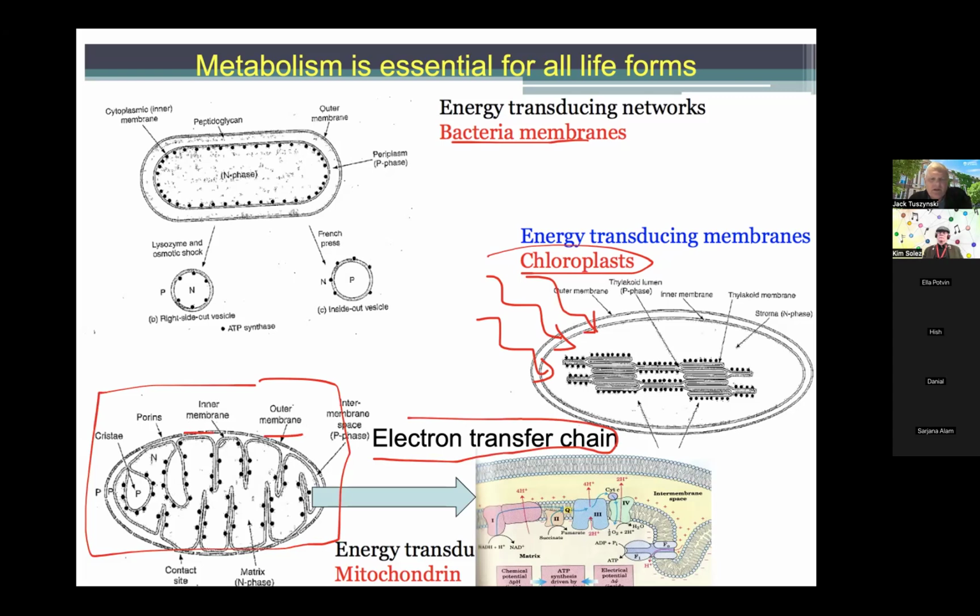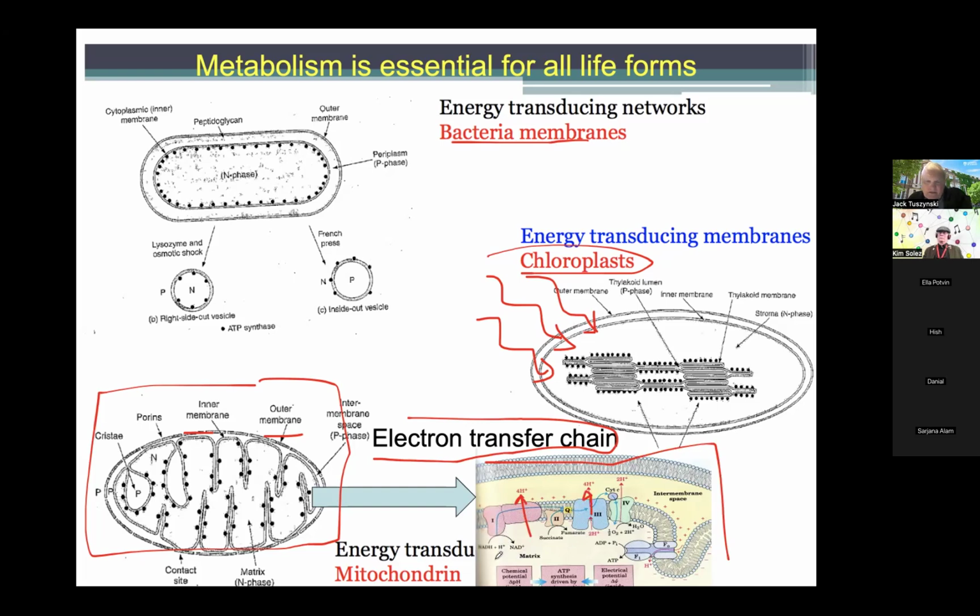The inner membrane is where most of the action is, and the action involves, as shown in this little cartoon here, 5 membrane protein complexes through which electric charges, protons, are transferred in both directions, but mainly toward the intermembrane space.